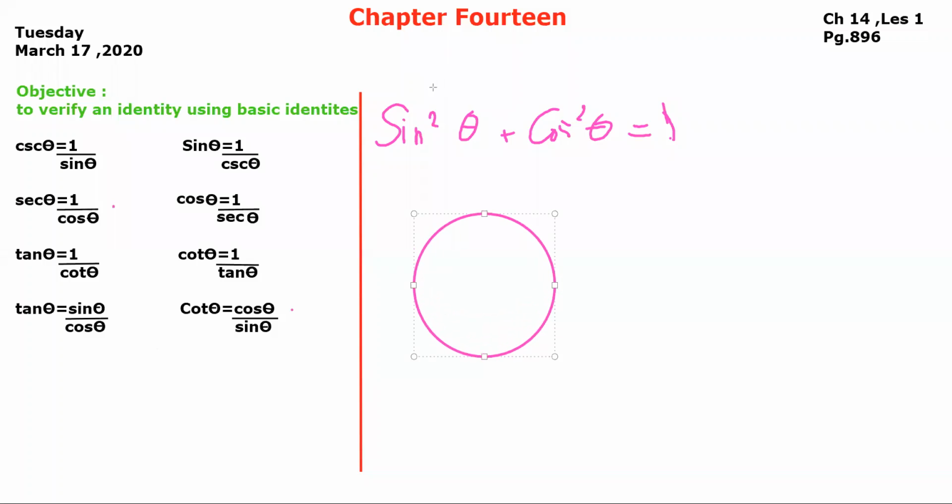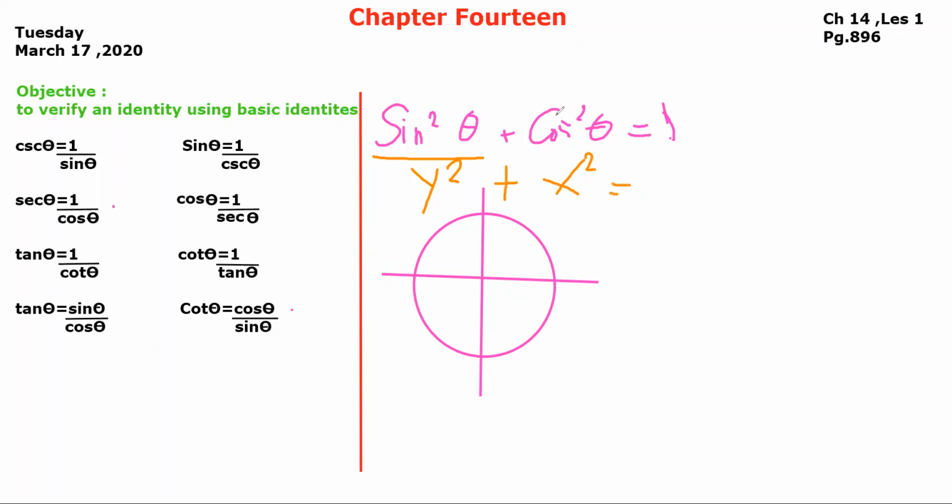If you have this unit circle and we have x and y coordinates, I told you before that the sine theta is the y coordinate and the cosine theta is the x coordinate.